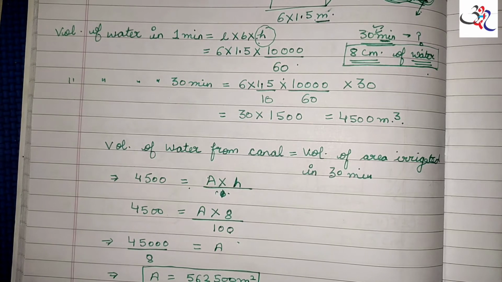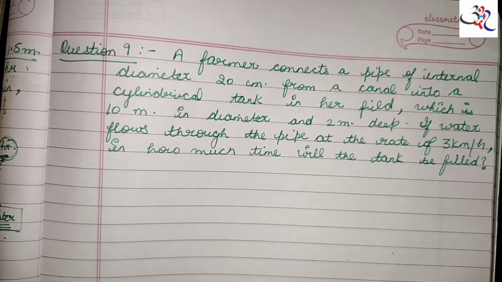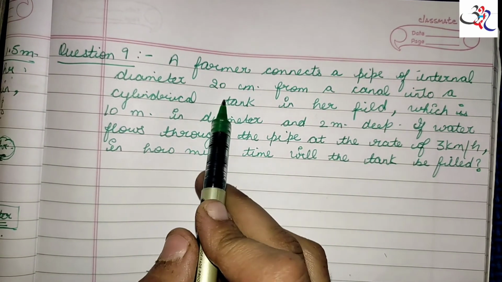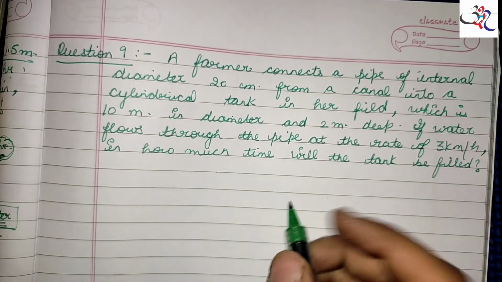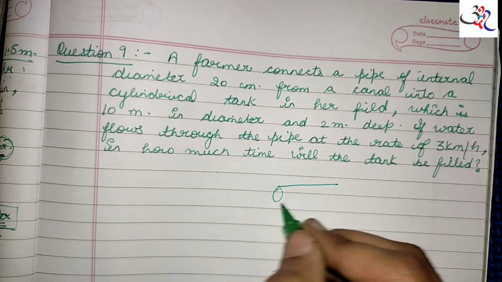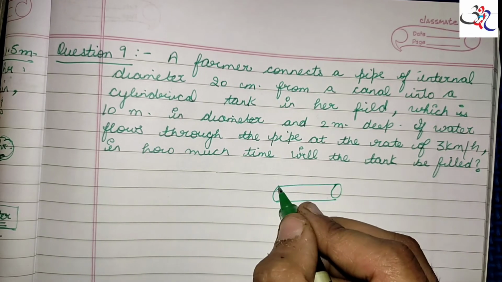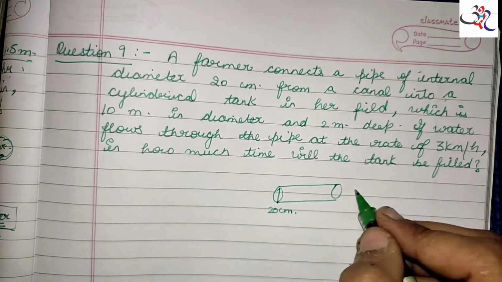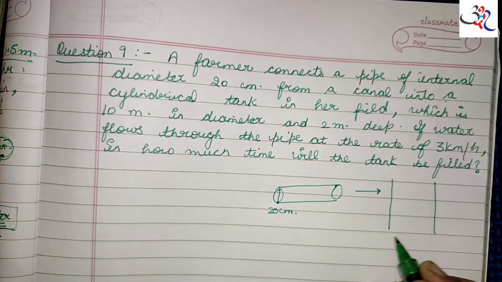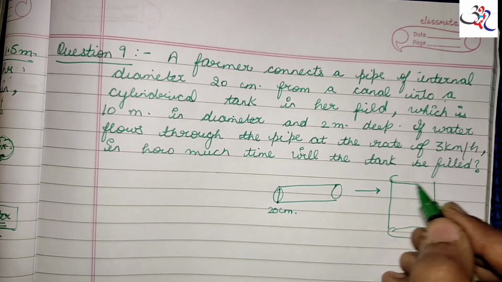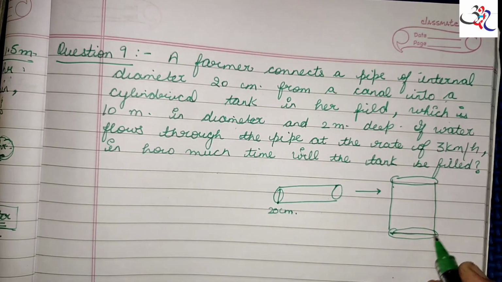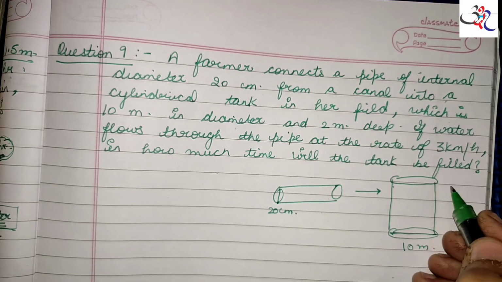Understood? The statement says that a farmer connects a pipe of internal diameter 20 centimeter from a canal into a cylindrical tank, which is 10 meter in diameter and 2 meter deep.